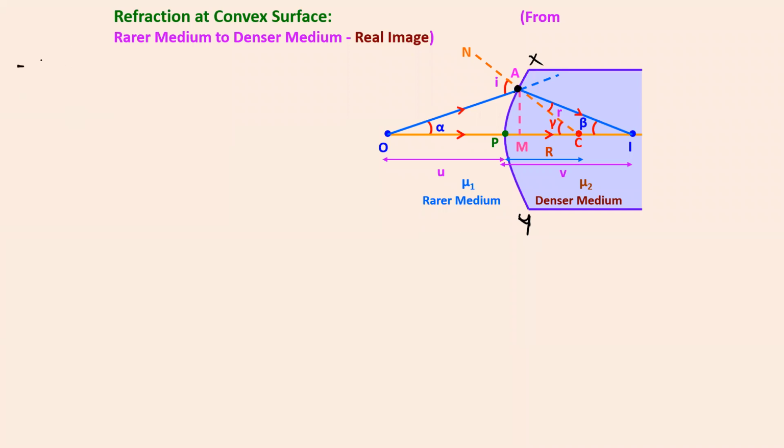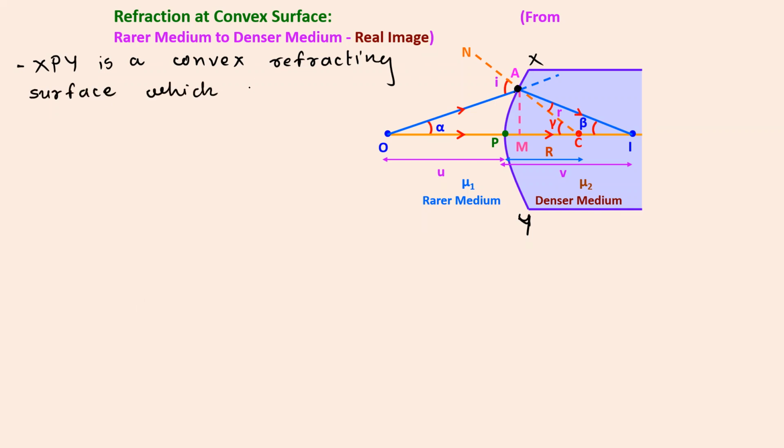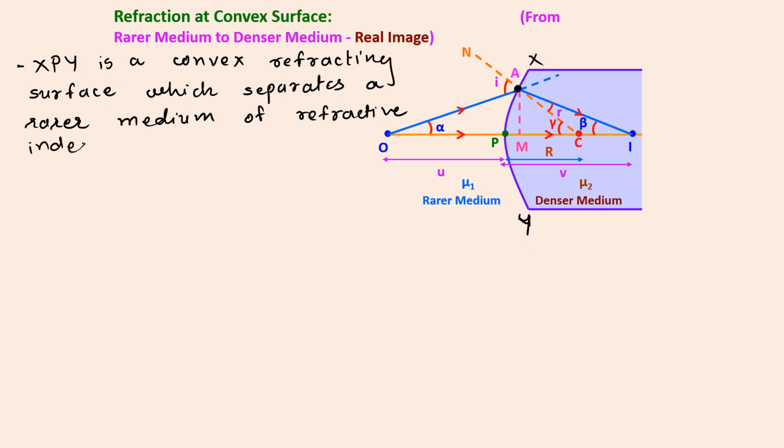So first point, X, P, Y, right? X, P, Y is a convex refracting surface which separates a rarer medium of refractive index mu1 from a denser medium of refractive index mu2.